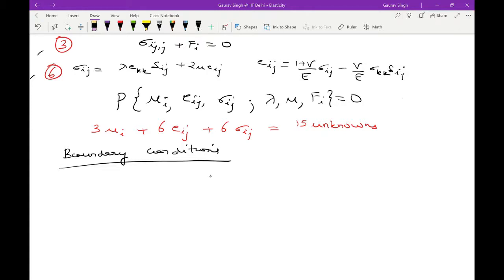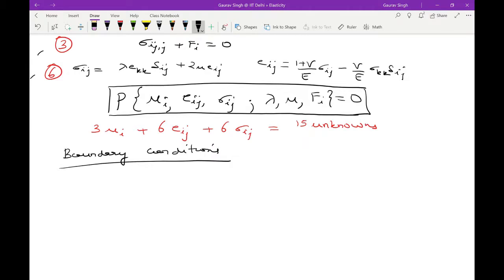You should remember this: what is given and what is to be found is contained in this. Now if you want to solve for this P, it requires boundary conditions to be known, and there are, for our case, mostly two types of boundary conditions.